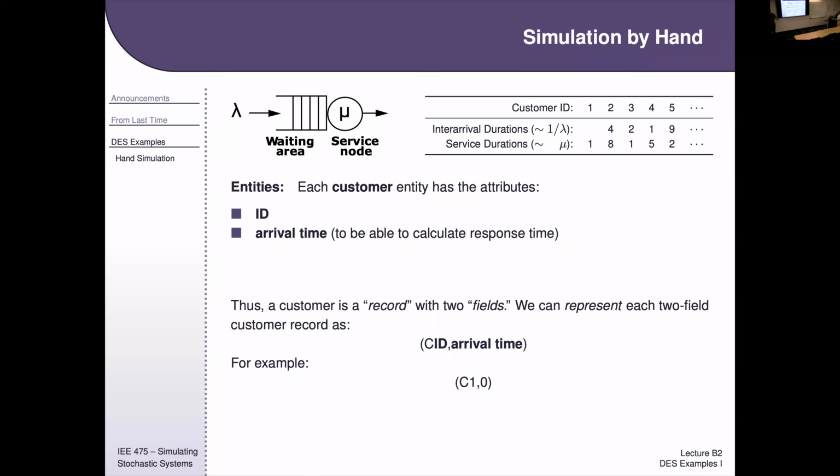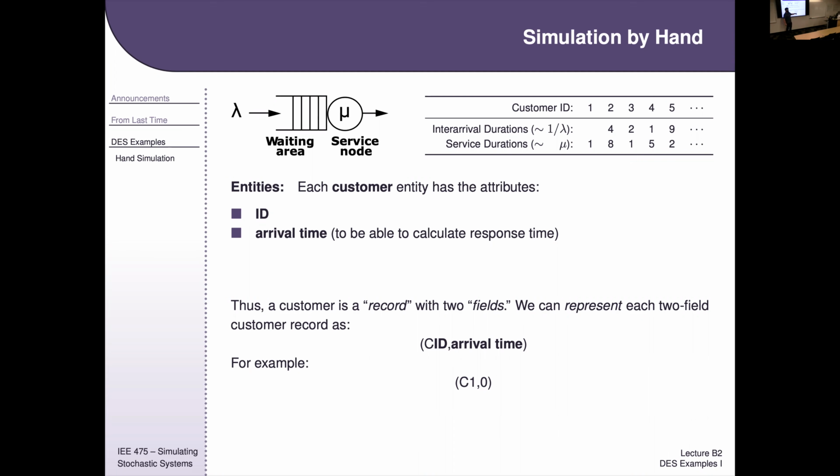All right, so how do we do that? So we're going to keep track of every entity as these records. And a record in this homework system is just going to be an ordered pair, a little tuple, where we've got C and then the customer ID, and that number is going to increase for every customer, and then the arrival time.